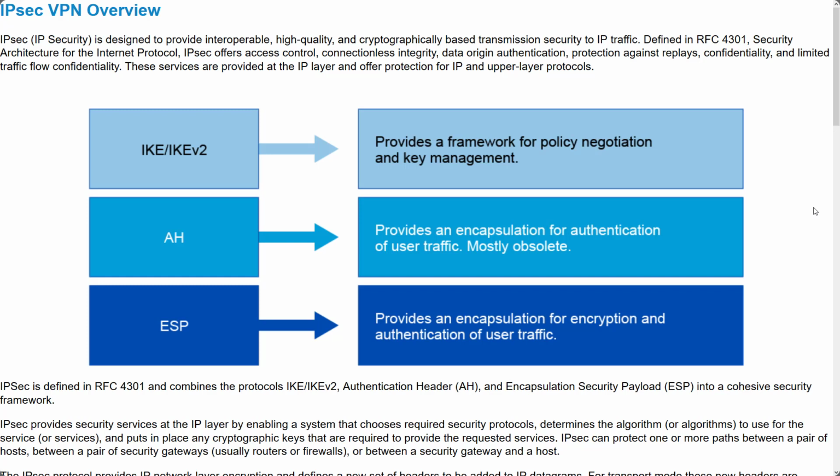And it's going to use things like X.509 certificates for authentication, or pre-shared authentication, or we can use DNSSEC for distributed authentication. And it's going to use things like the Diffie-Hellman key exchange to set up a shared secret key for the session, and that's how we cryptographically derive and share our keys.